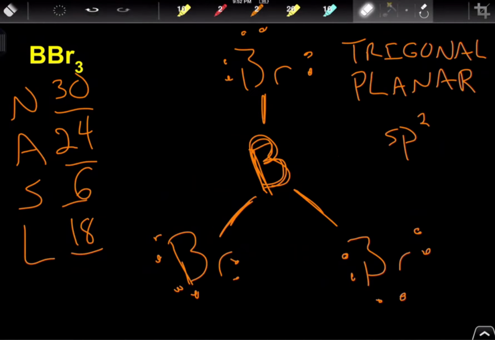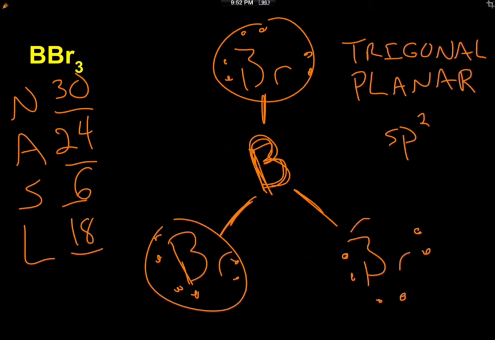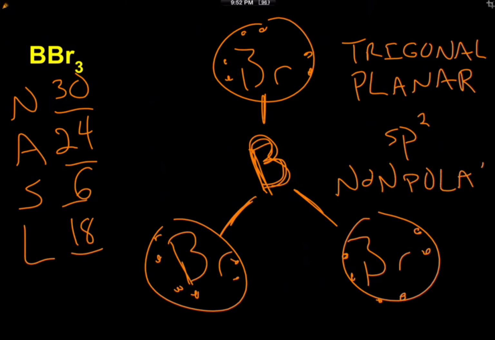Well, in this case, we have 3 corners or 3 sides essentially, and each of those 3 sides is the same, that means that this is a non-polar molecule, even though each of these bonds would be considered polar. But they're all polar with the same charge on all 3 sides. So there's no polarity because there's no positive pole.